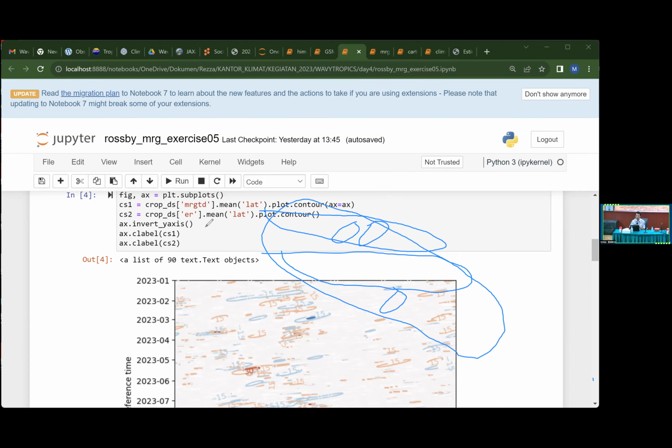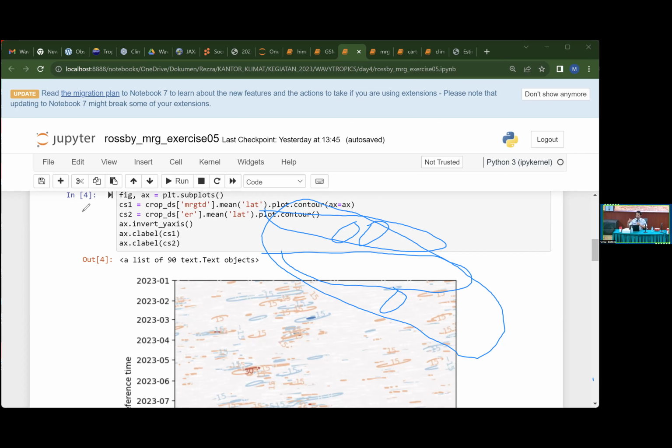So we can also try to plot other waves together, for instance, because for MRG and Rossby, the more important feature is the vorticity. The difference with the Rossby wave is the symmetry about the equator. We often find the twin vortex, like shown by Thierry in the briefing today.